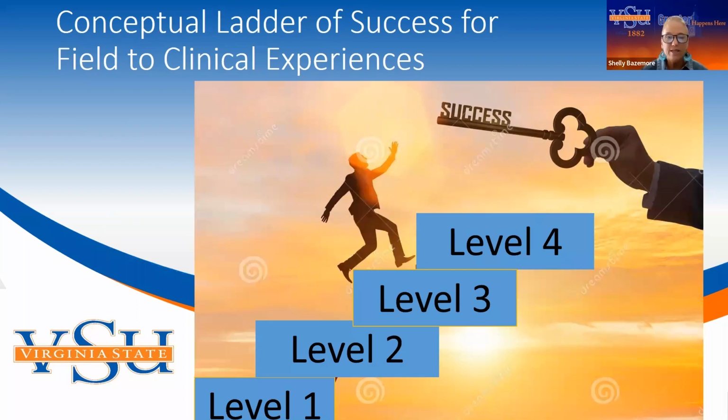And you can see by the diagram on the screen that there are 4 levels to our conceptual ladder for success, where our students can actually gain experience through the 4 years to prepare for that 4th year of student teaching.